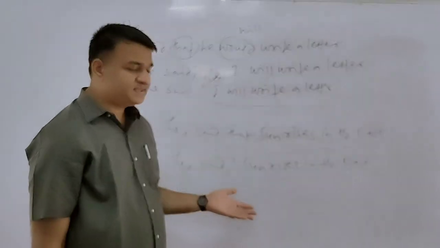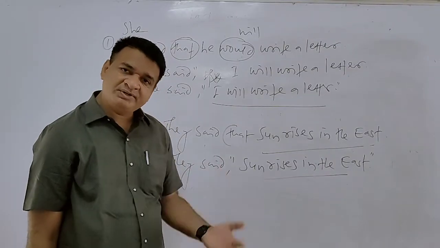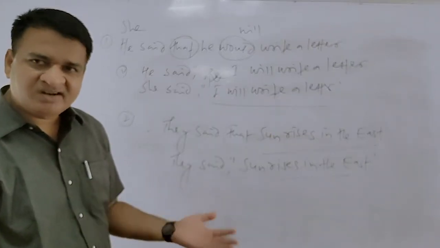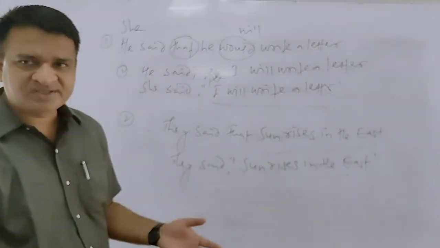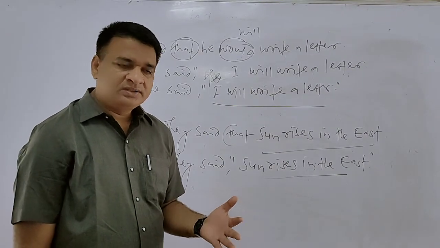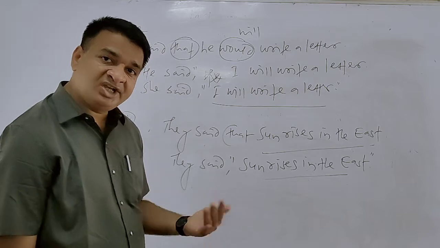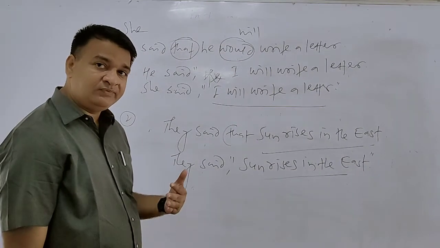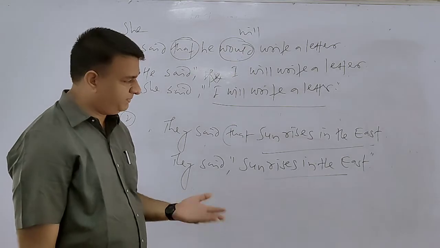But when the sentences represent universal information, like honesty is the best policy, sun rises in the east, hard work leads to success, hydrogen is lighter than the air, such things we couldn't change.